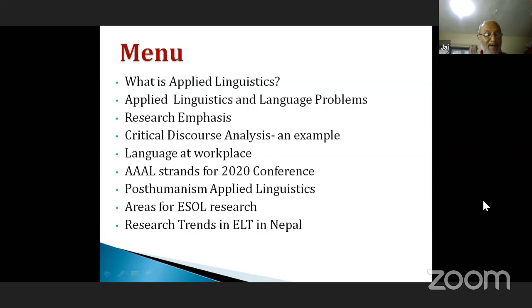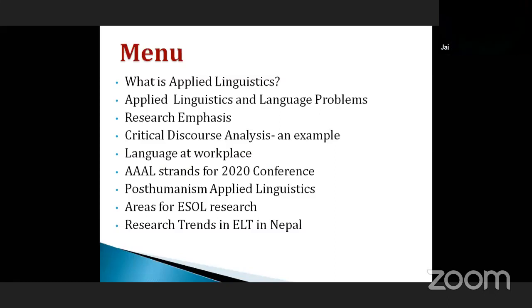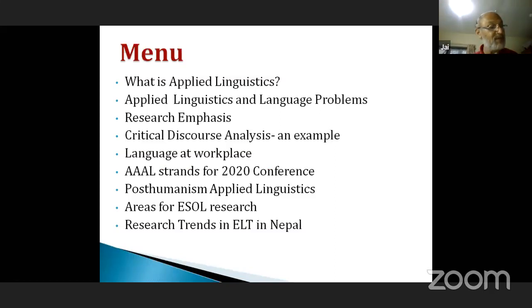And then after a few years, this split again, and the American Association of Applied Linguistics was formed in 1977, 1 year later than TESOL, which was established in 1966, I think. So this is simply a small history of the birth of applied linguistics.